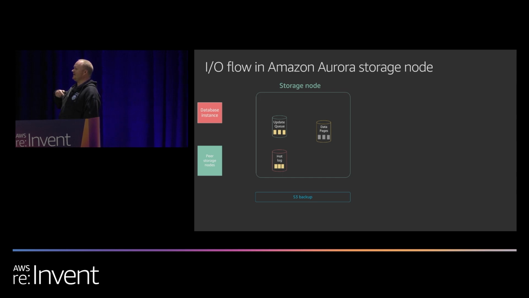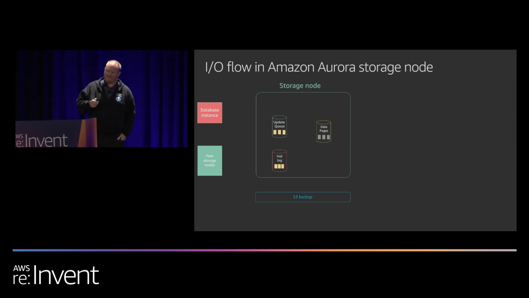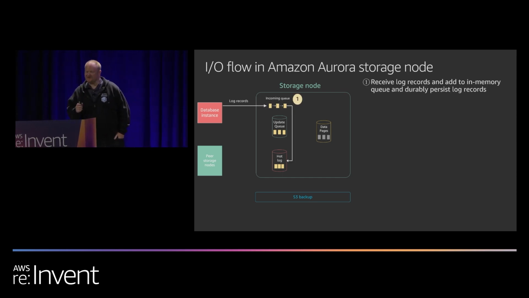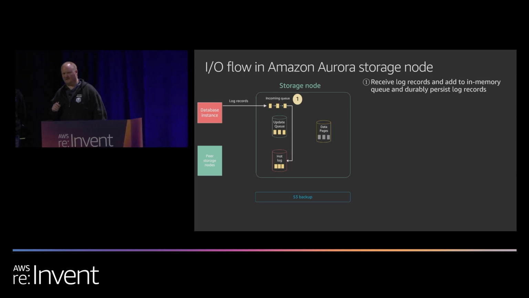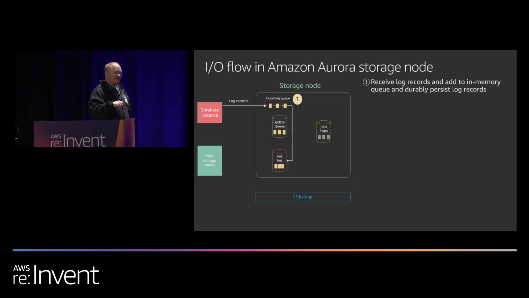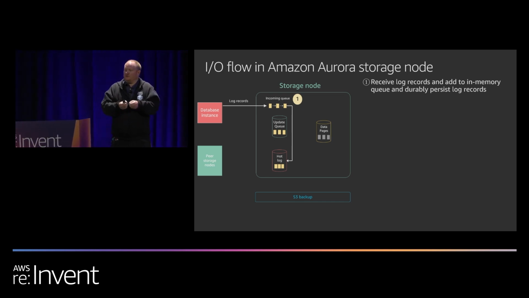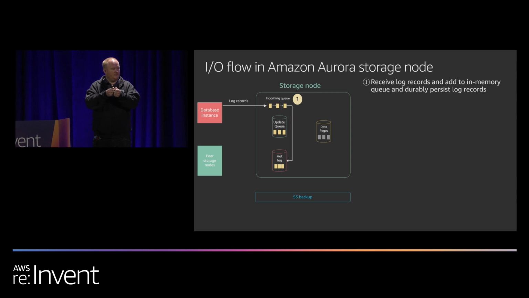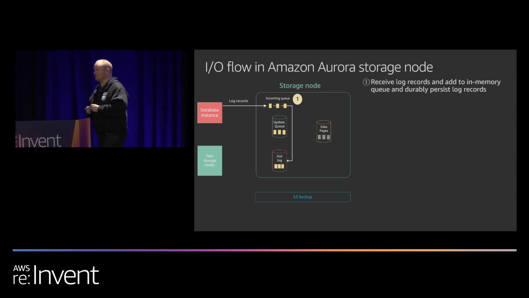So let's take a look at an actual I/O. Here we send log records over. The first thing that's a little bit magical with Aurora is when you send the log records. In a traditional database, you would think you send it as soon as you finish creating the log record. But that's not practical because, as we mentioned before, as soon as you generate a log record and write it, you use an I/O, and you can only do so many I/Os per second depending on your storage subsystem.